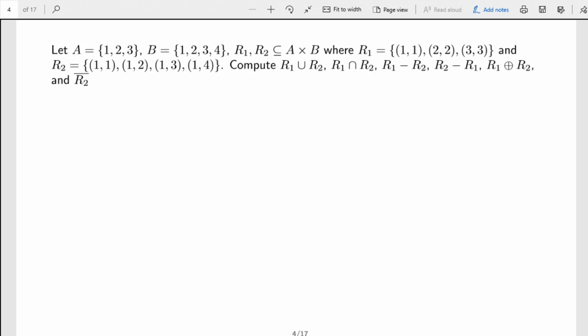Now let's compute R1 union R2, R1 intersection R2, R1 minus R2, R2 minus R1, the symmetric difference between R1 and R2, and the complement of R2.